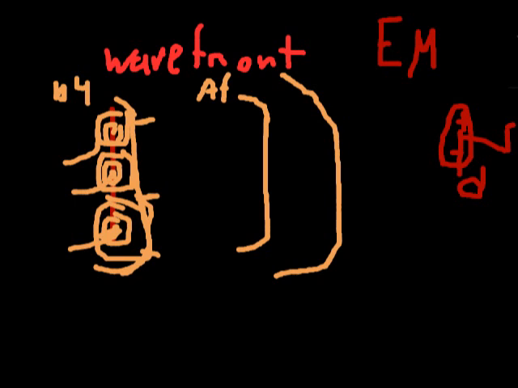So when these dipoles are oscillating up and down, that means when the dipole is moving up, the acceleration is making it move down. And then when it's moving down, the acceleration is making it move up.